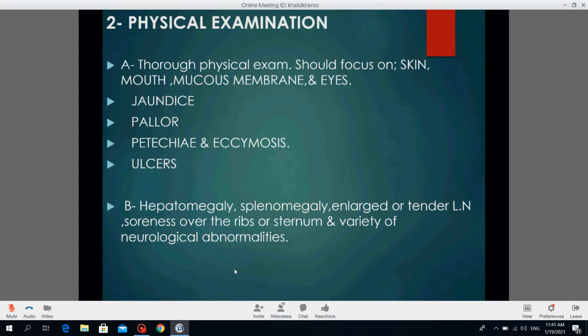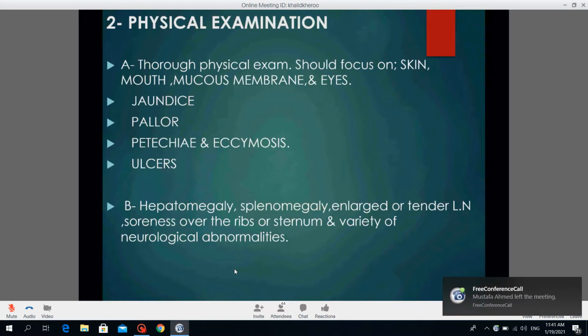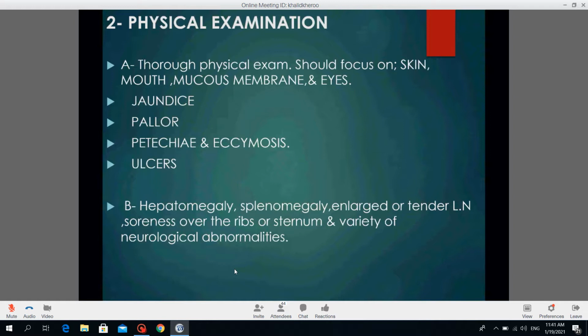Why do these sites look pale in patients with anemia? Because, as we mentioned, the function of the blood is to carry oxygen to the tissue. So when there is reduced hemoglobin, reduced RBC count, the body tries as a defense mechanism to divert these red blood cells to the more vital organs, like the brain and the heart.